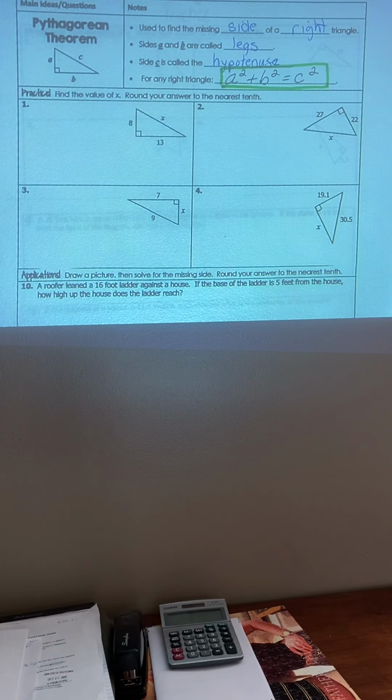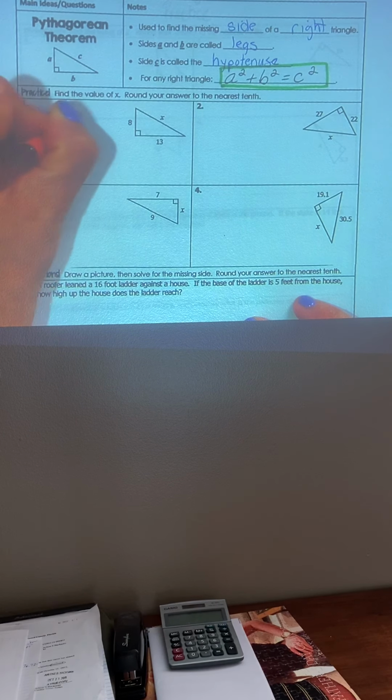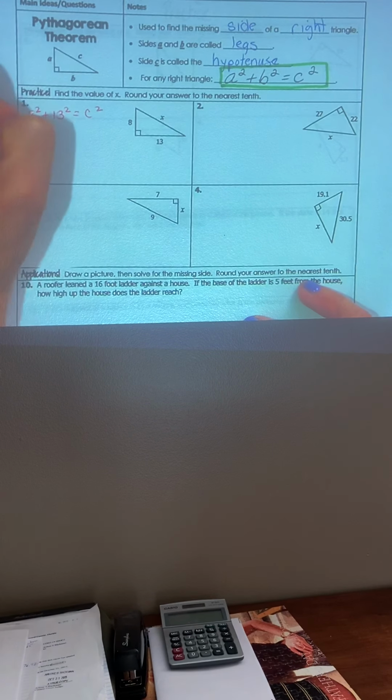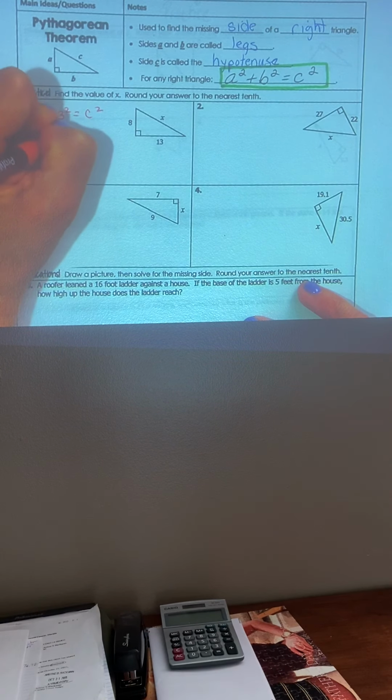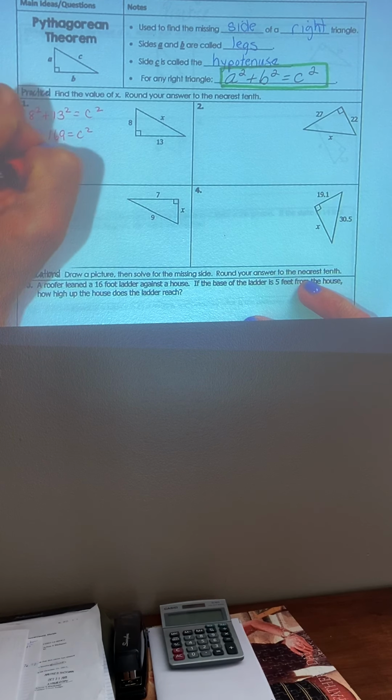Okay, so we're going to do a few problems with triangles and with applications. All right, number 1. We're trying to find c. So we have a squared, so 8 squared plus 13 squared equals c squared. I know it's an x here, but I like to say c. So we have 64 plus 169 equals c squared, which gives me 233.